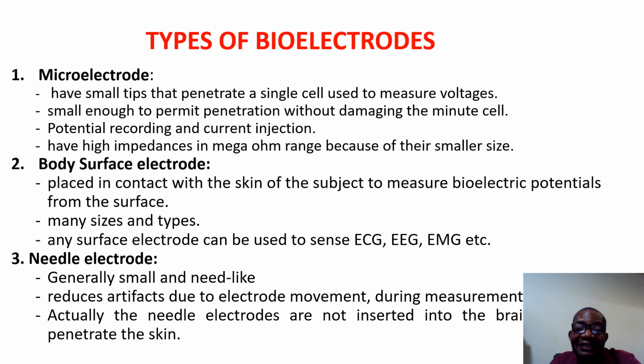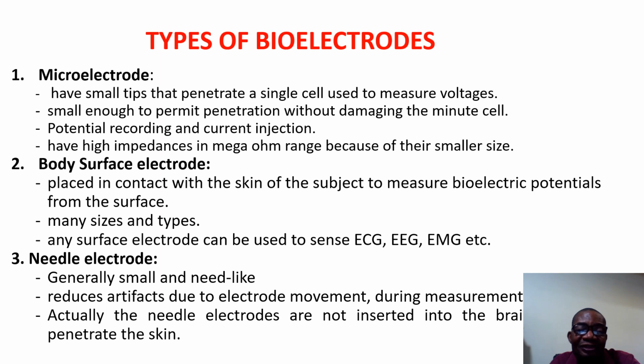There are basically three major types of bioelectrodes. The first one is microelectrode, the second is body surface electrode, while the third is needle electrodes. What are microelectrodes? Microelectrodes have small tips that penetrate a single cell, used to measure voltages.